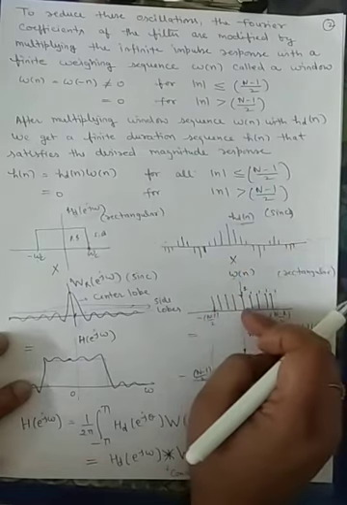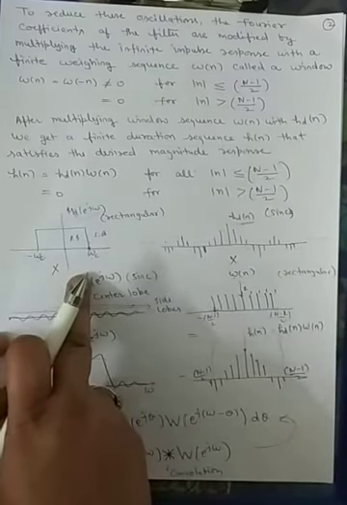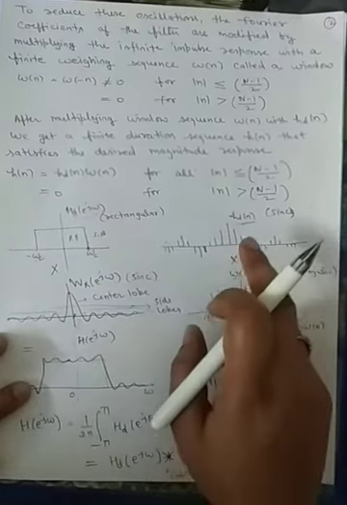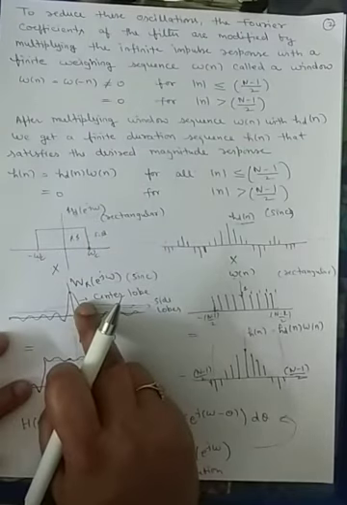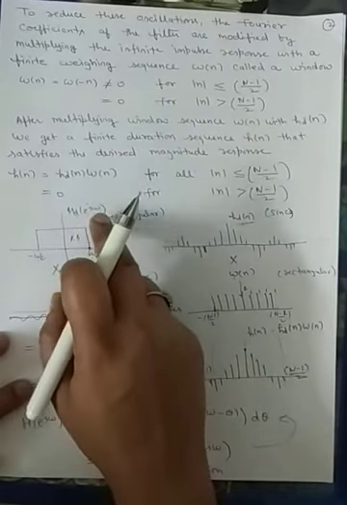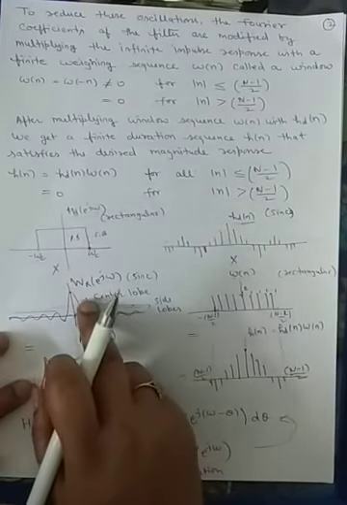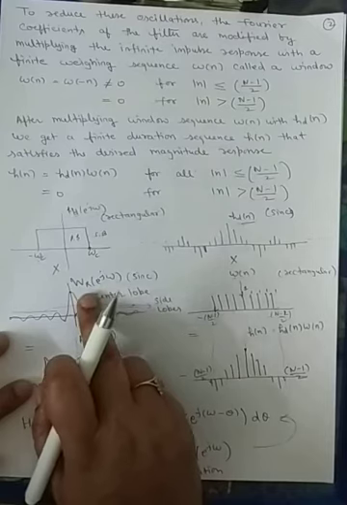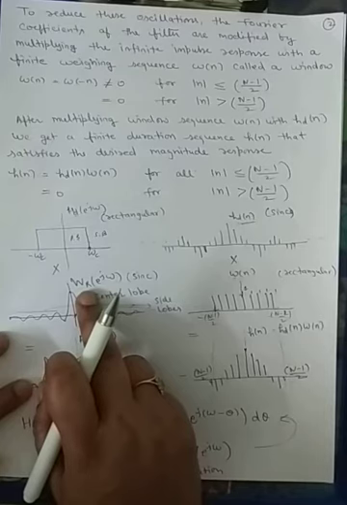Time domain multiplication will lead to frequency domain convolution, because the Fourier transform is always a periodic function. So both the desired frequency response and the frequency response of the window are periodic signals.